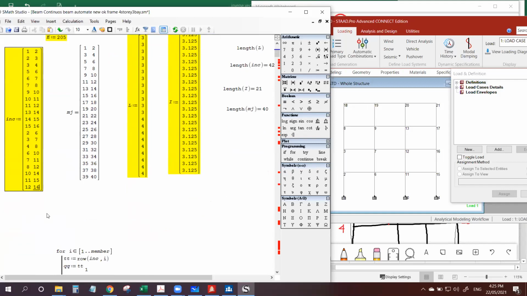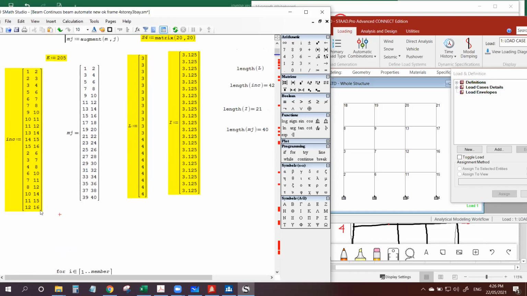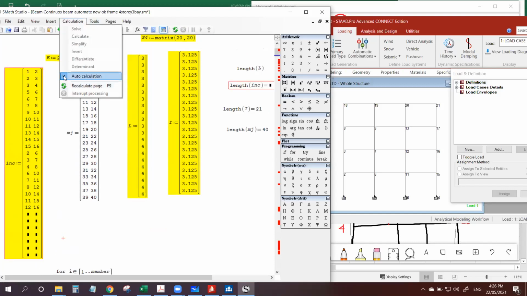What if we delete and make it 2-story instead? Okay, fine. 7 data. 1, 2, 3, 4, 5, 6, 7. I'll disable calculation to save time.